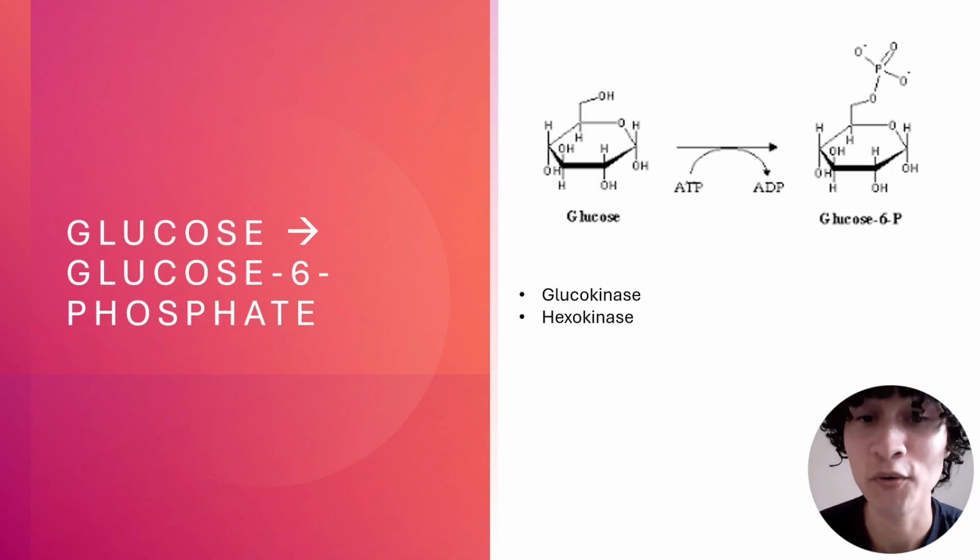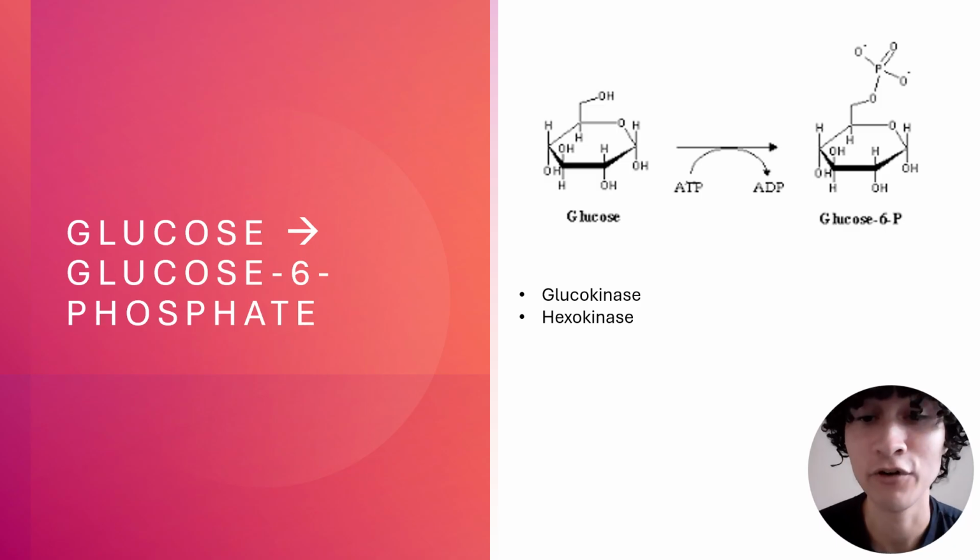Now, the phosphorylation of glucose is catalyzed by the enzyme glucokinase in hepatocytes and pancreatic beta cells, or hexokinase in other body cells. Both those enzymes use ATP as a phosphate donor, giving you ADP, and that phosphate group is transferred onto the 6th carbon of the hexose ring, hence the name glucose 6-phosphate.